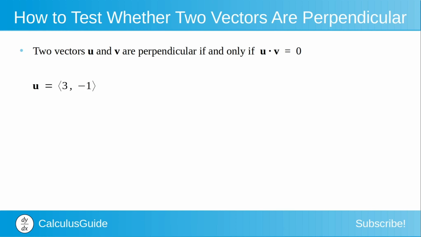For the vector u equals 3, minus 1 and the vector v equals 2, 6, u dot v is equal to u1 v1 plus u2 v2.